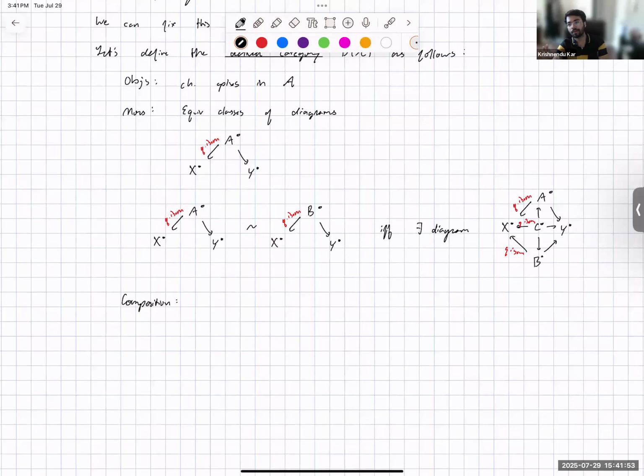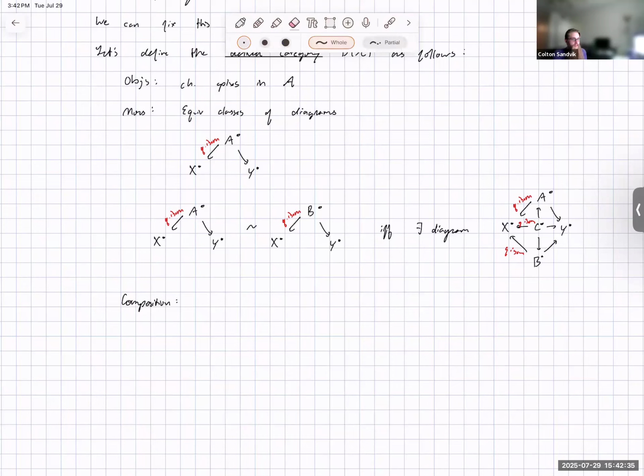Sorry, for localizing in a category, don't you take the equivalence class by zigzags? No, roofs are much easier to describe. It is the same in this case. There's some general calculus about localizing triangulated categories, in which using roof diagrams or the flipped ones can be a little easier.